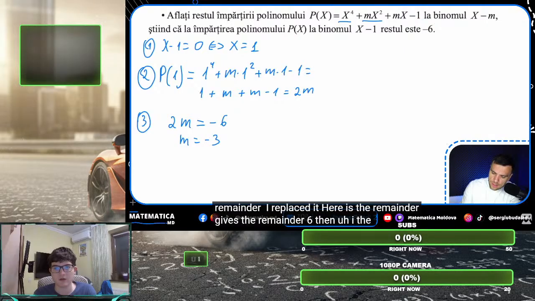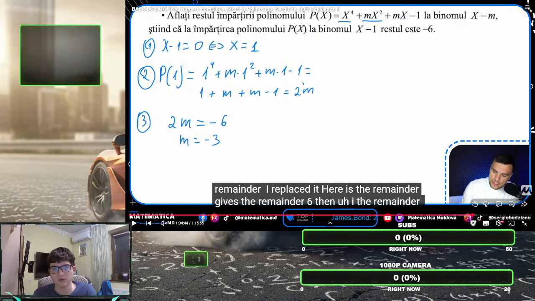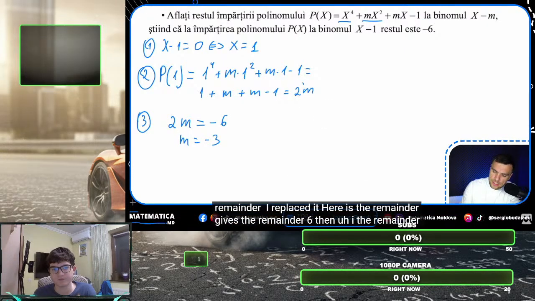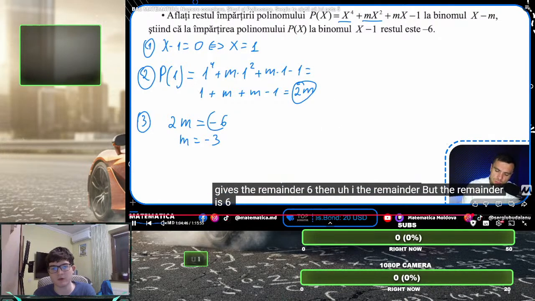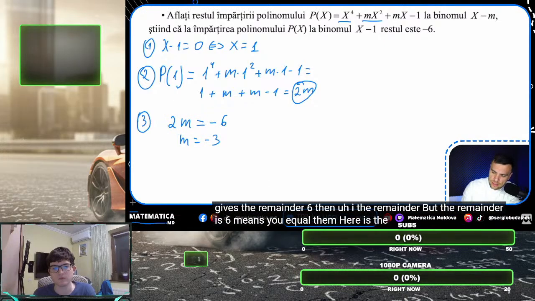So now I guess we gotta do, we know m, so it's gonna be x plus 3 equals 0. So x is gonna be minus 3, so we gotta do p of minus 3. And basically plug in the m over there, and what we get, that should be the stuff we're looking for.